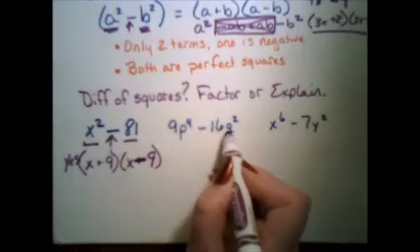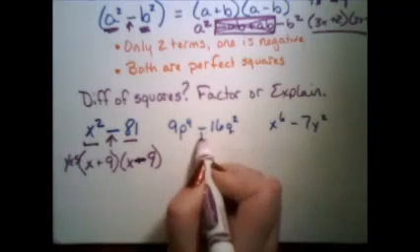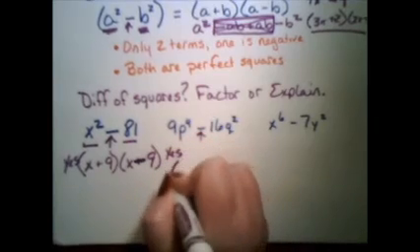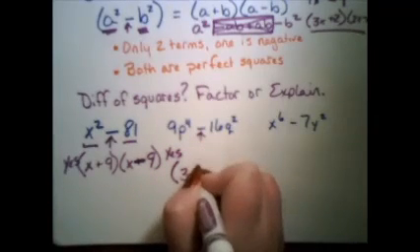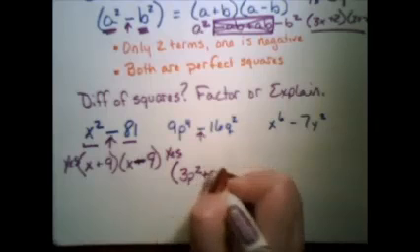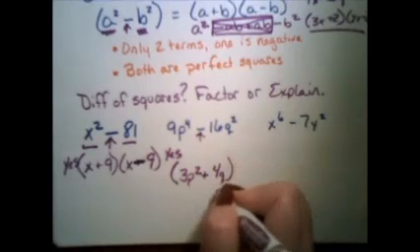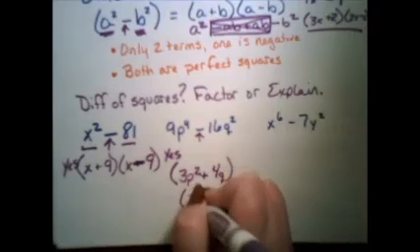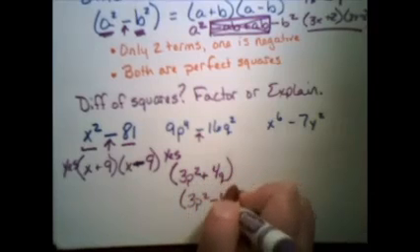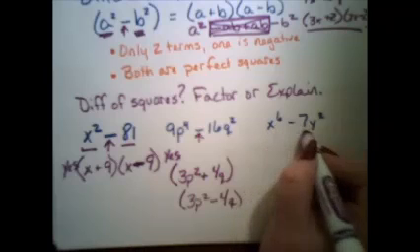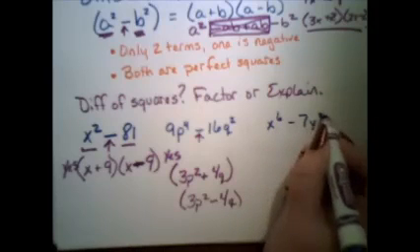9p^4 is a square, 16q^2 is a square, and it's a difference. So this is a yes as well. So we have a 3p^2 plus 4q and a 3p^2 minus 4q. x to the 6th minus 7y squared.